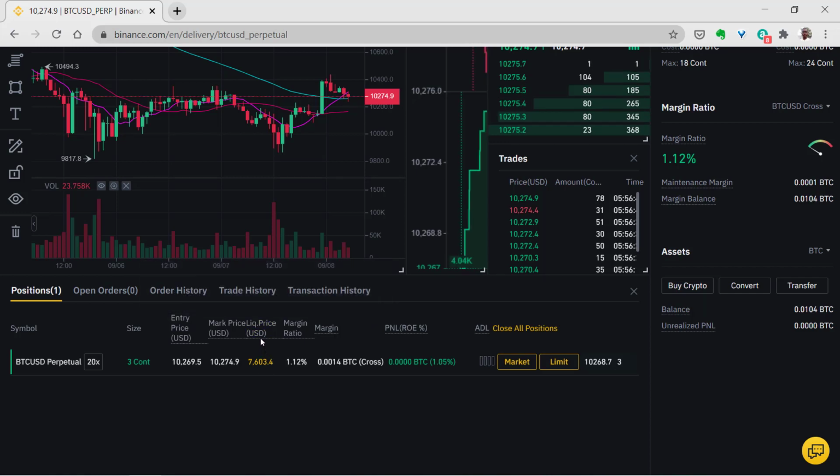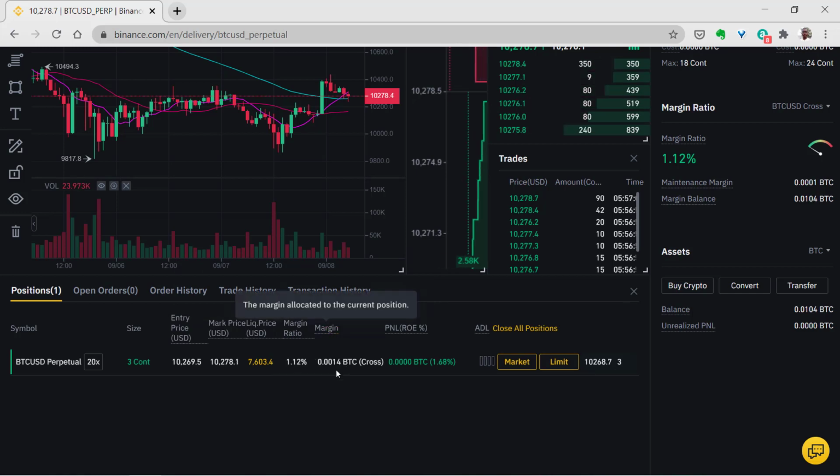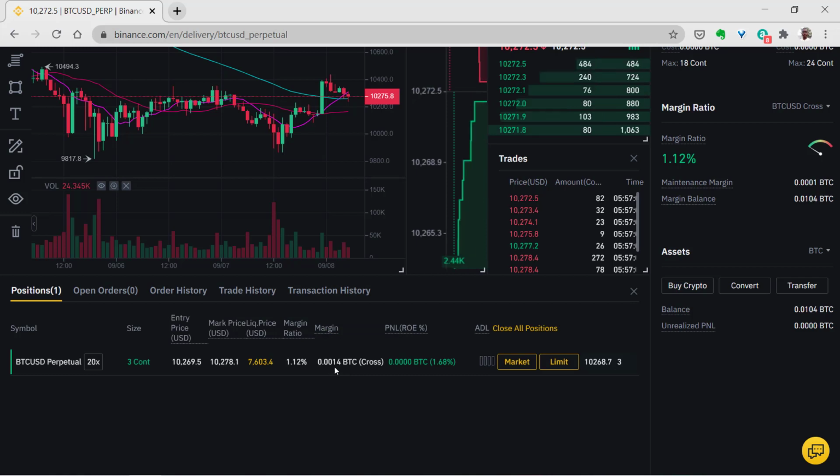So if Bitcoin should trade down to this price at my current leverage and my wallet balance, I will get liquidated at 7,603.4. This is your margin ratio. You don't want this to get to 100%. And this is my initial margin that was used to open this position. And as you can see, it's cross margin. And this is my P&L, which is basically my profit, since it's in green.